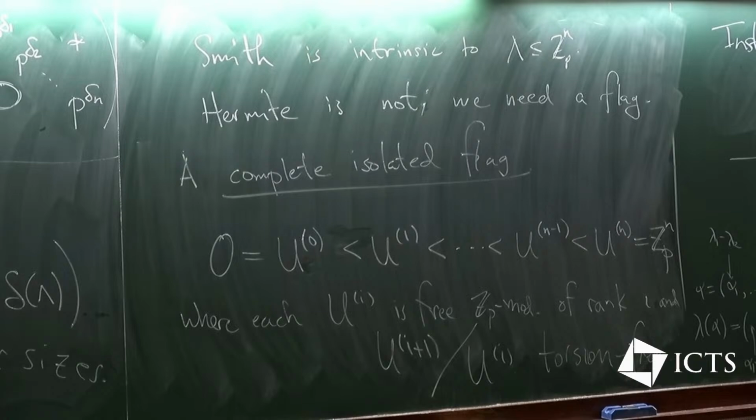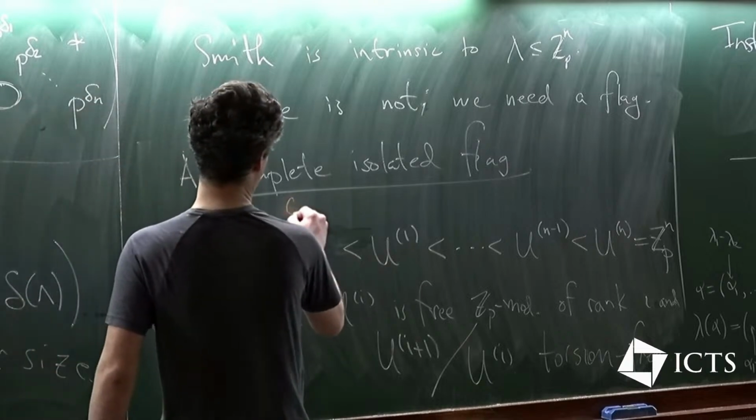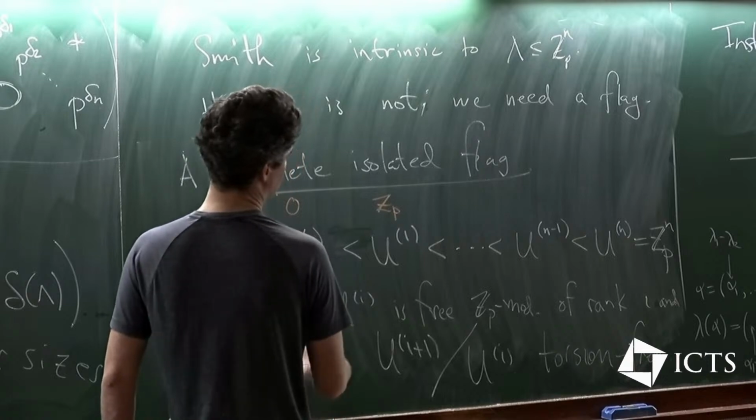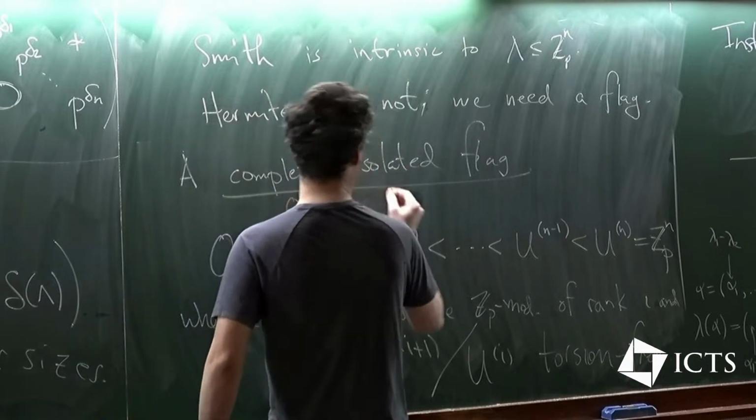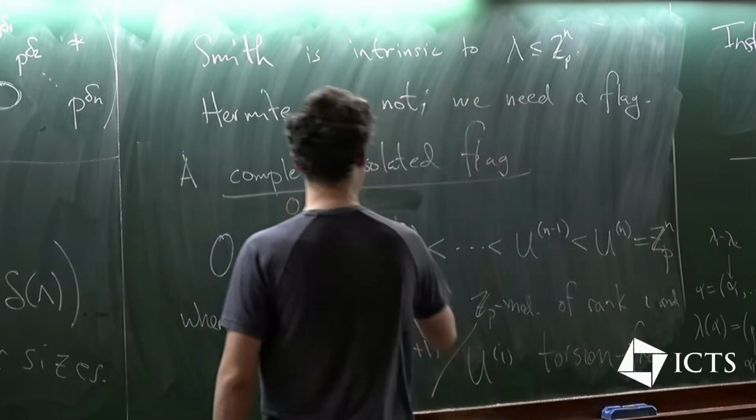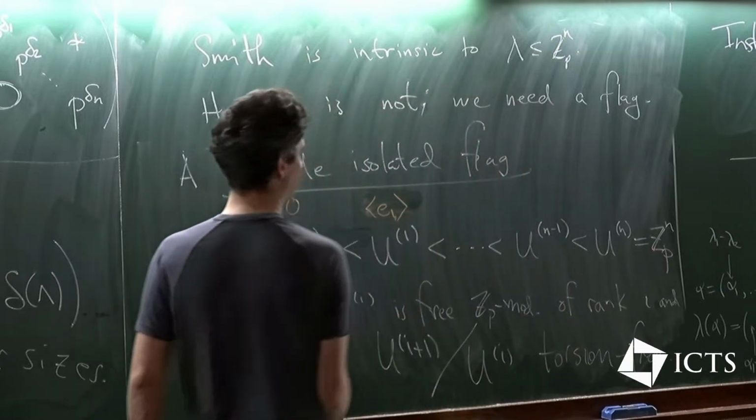So there's a simple example of this. Of course, this is the 0, and you can take this to be a copy of Z_p, say generated by a standard basis vector inside of Z_p to the n. I'm going to use e1, for example.